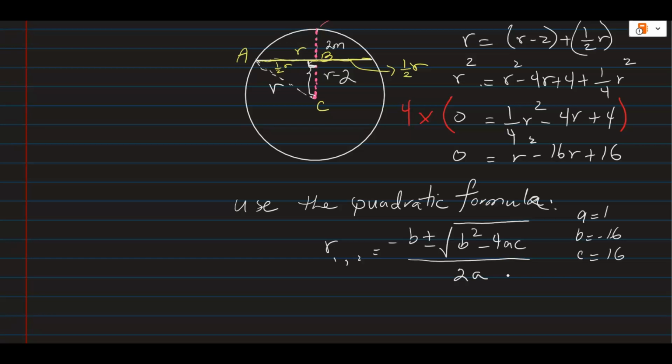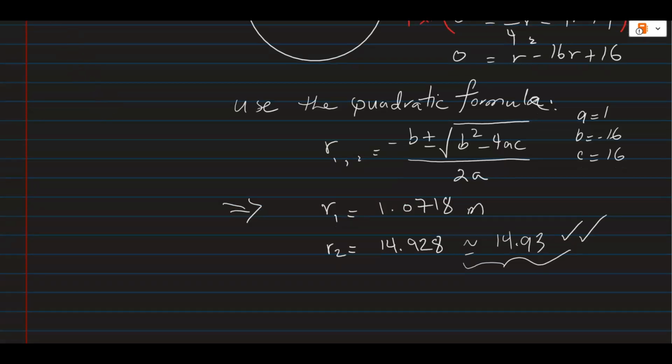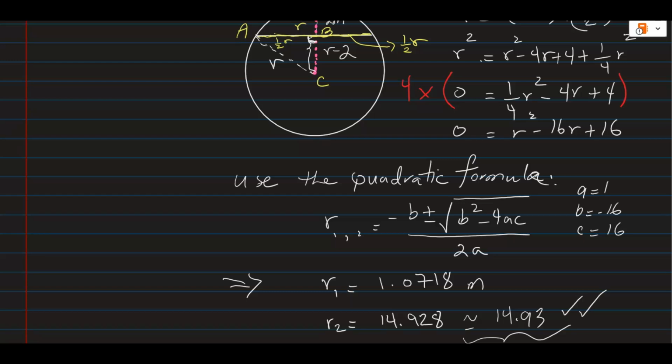We plug the numbers in. Here's what we will get. The two possible answers will be, the first radius will be 1.07 meters. The second one will be 14.928 meters, or approximately 14.93.